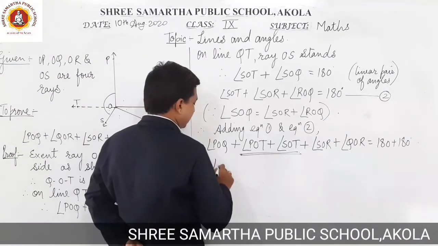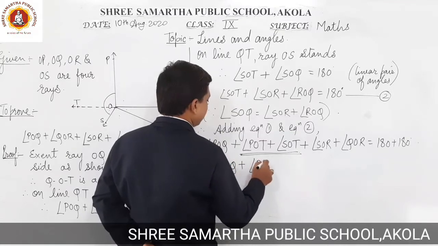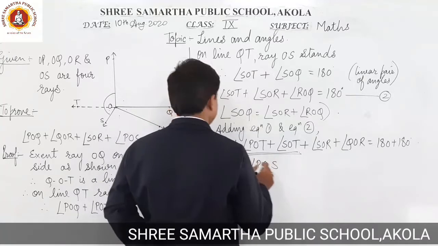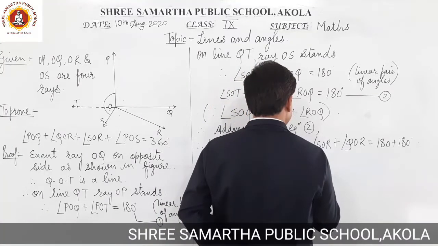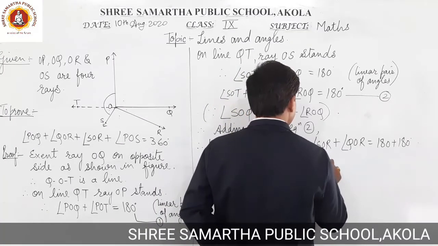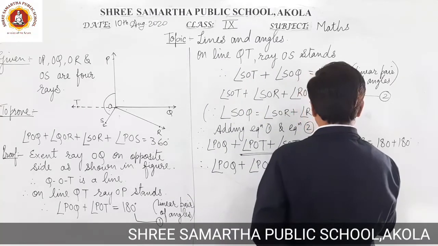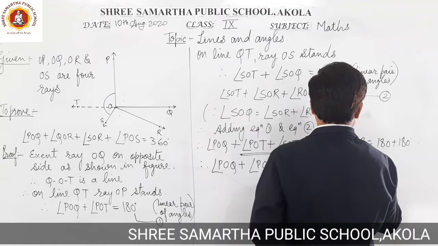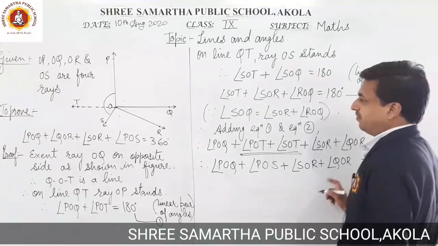Therefore, write down angle POQ plus angle POS plus angle SOR plus angle QOR is equal to 360 degrees. And this is what we had to prove.